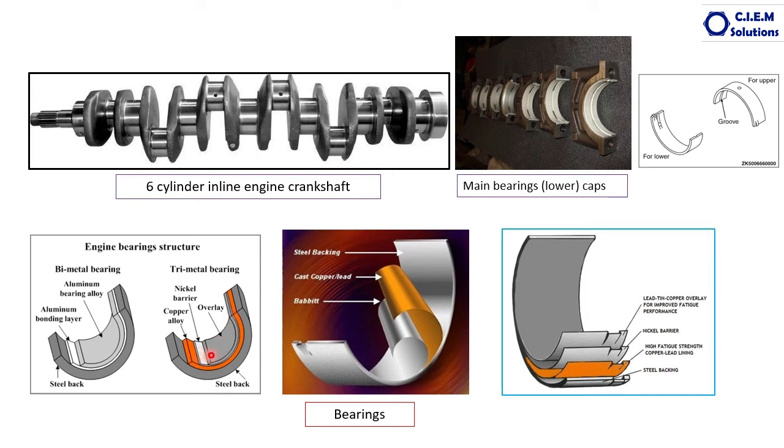So all these characteristics, whatever I mentioned, the fatigue resistance, impact resistance for impact loading, equal distribution of the lubrication oil, and shock absorption capacities, all these qualities should be possessed by this bearing material.